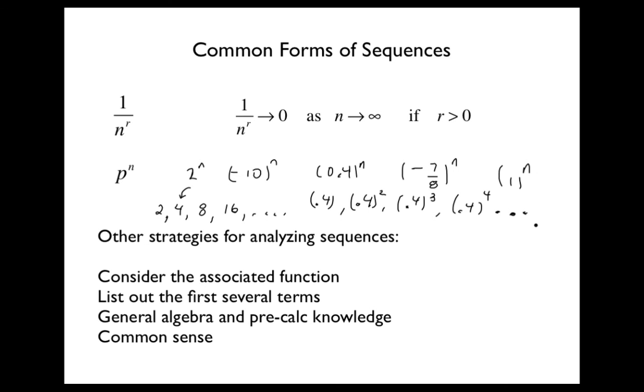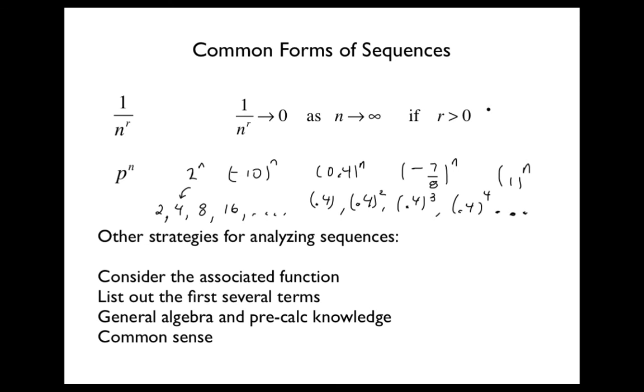You're always taking 40% of what you had before, because you multiply by one more 0.4. Convergent? Yeah, this is going to converge to 0, because you keep reducing it by a fraction of 0.4 of what you had before.